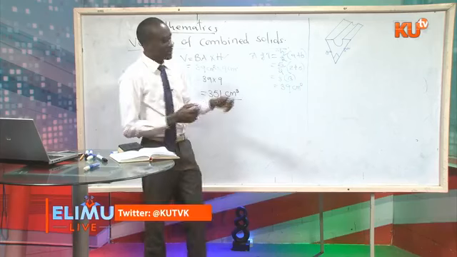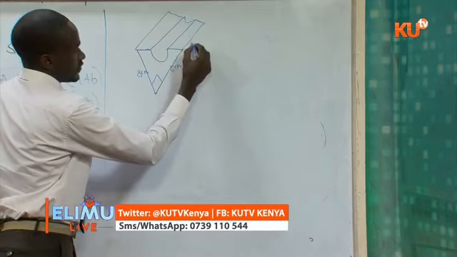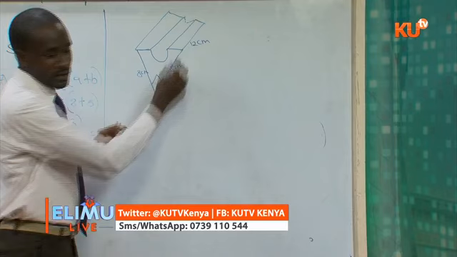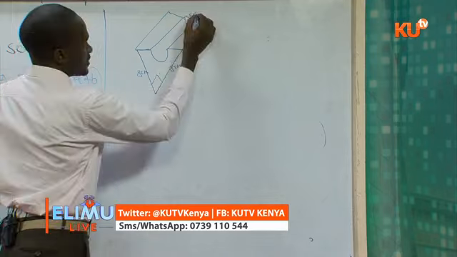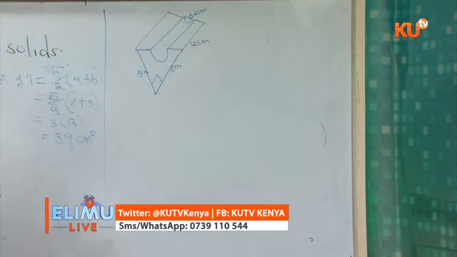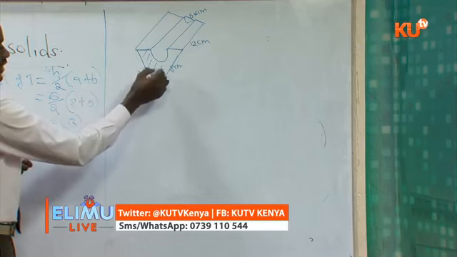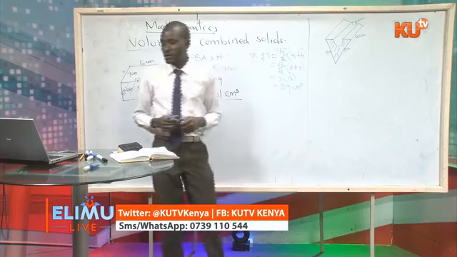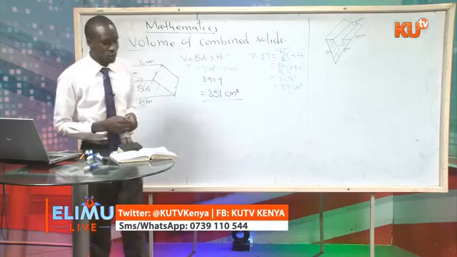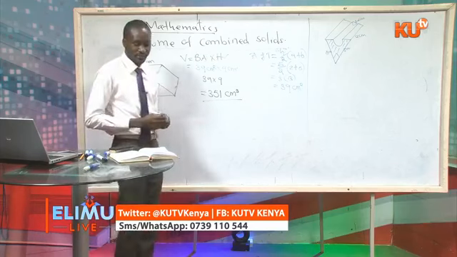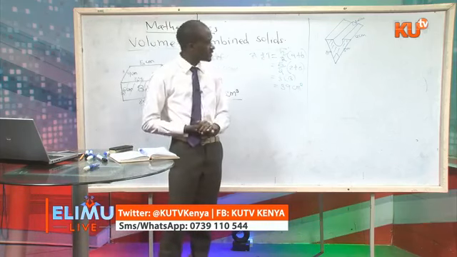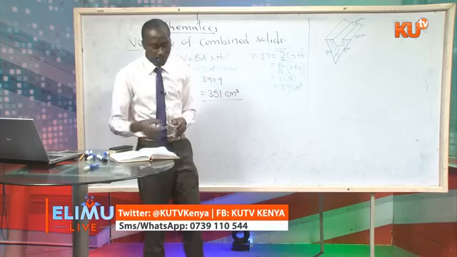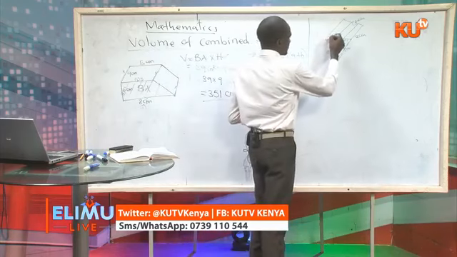It's already a wedge. Now this is 12 centimeter, and this one here to here is 5.6 centimeter. Now looking at this figure, you have been asked to find the volume of the figure below. Use pi as 22/7.